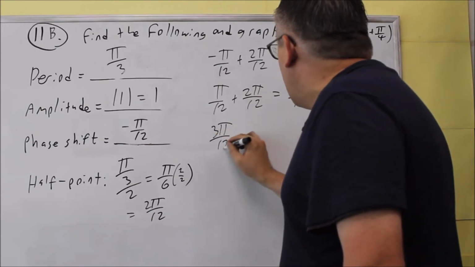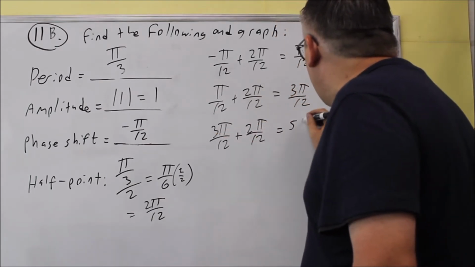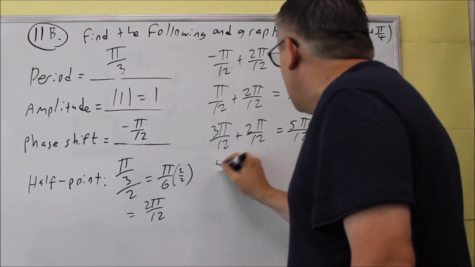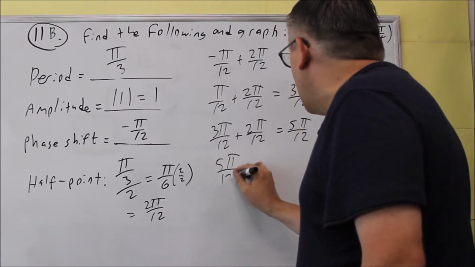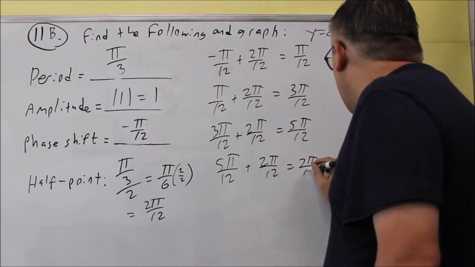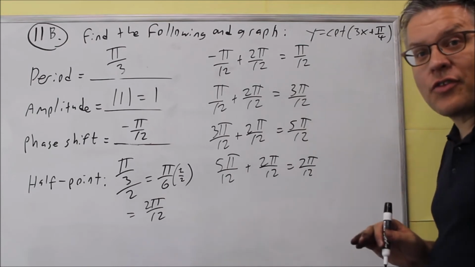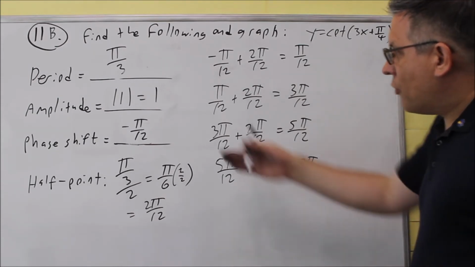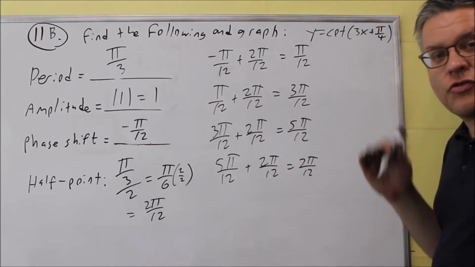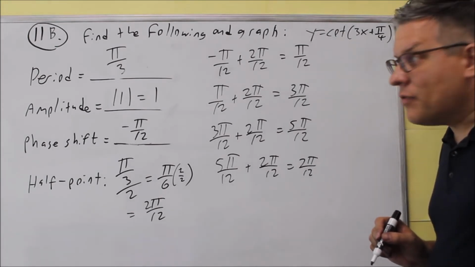Adding another 2 pi over 12, I get 5 pi over 12. And then one more, 5 pi over 12 plus 2 pi over 12 is 7 pi over 12. So you have to add this 4 times because you want a total of 5 key points. The first one, the phase shift, is always your first key point, and these are the other ones, for a total of 5.